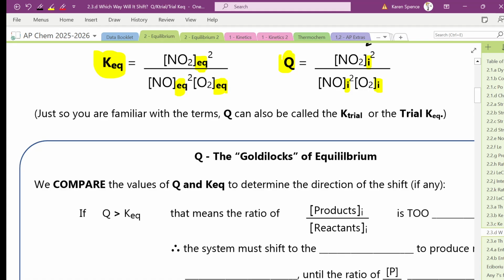Q is the Goldilocks of equilibrium. We've got too big, too small, and just right.